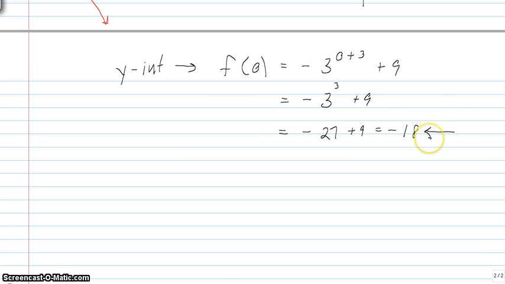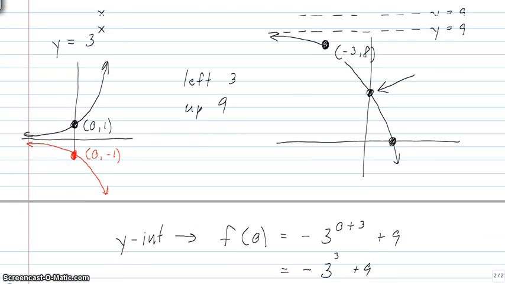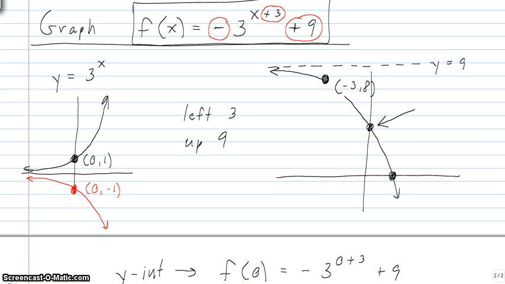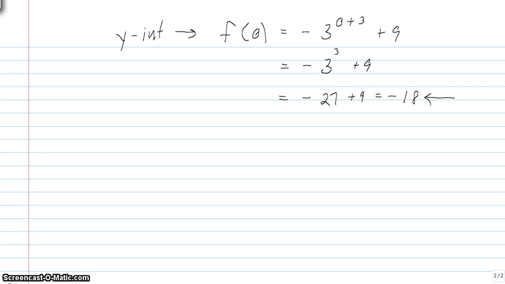If the y-intercept is at -18, then this sketch here is very rough. It's not precise at all. So that also means my x-intercept is probably over here somewhere, on the negative side. Again, that's why I go find these intercepts, so I can make my graph more accurate.